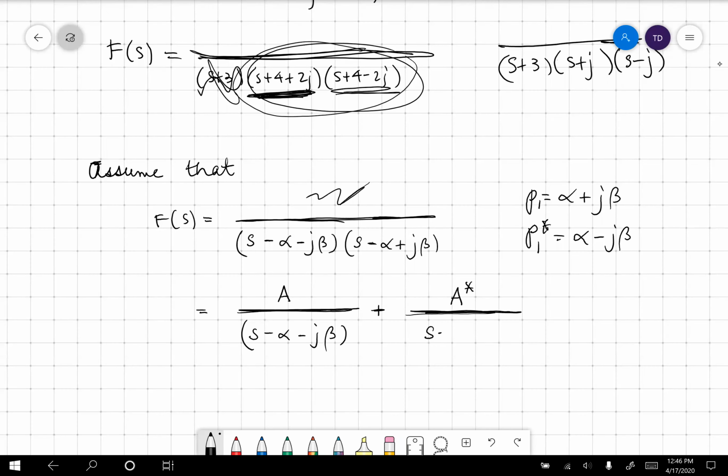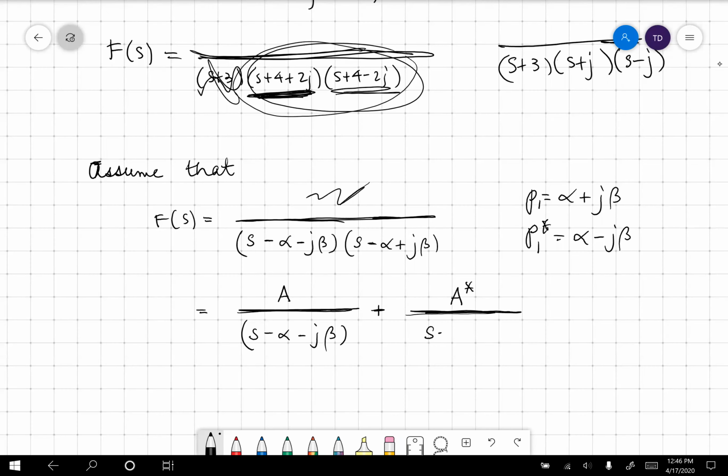So A is clearly equal to s minus alpha minus j beta times F of s, whatever F of s is, evaluated where s equals alpha plus j beta. And this is where the math gets ugly, because now, instead of plugging in just real numbers, we're plugging in complex numbers into this equation. But don't worry about it. We're going to do it, and we have it.